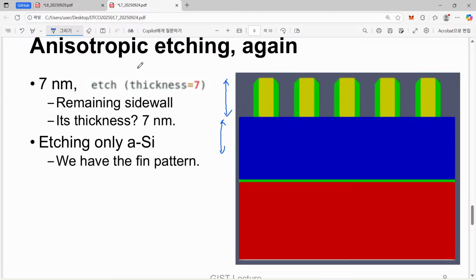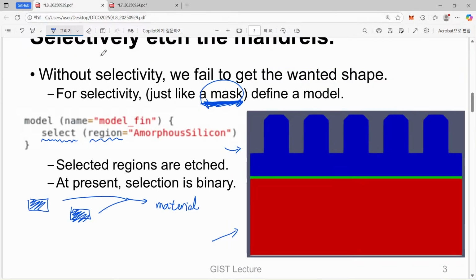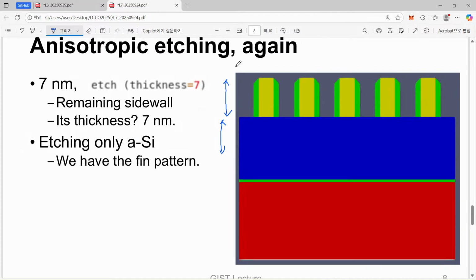That's the reason why your form just looks like this. Then does it give us a pitch of 27 nanometer? Actually not in this case. If we consider the pitch between these two structures, the pitch is the original one, 54 nanometer.